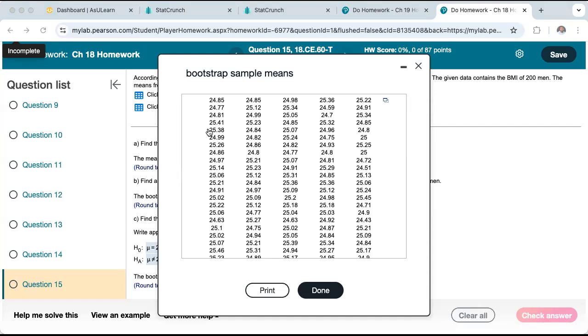So now to get the p-value, we are going to do that in two stages. Stage one, let's count all the sorted values that are less than or equal to 24.72. So for example, let's focus on this one here. We are going to count all the sorted values less than or equal to 24.72.